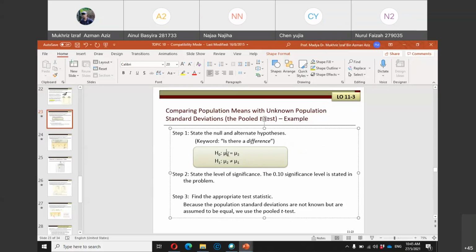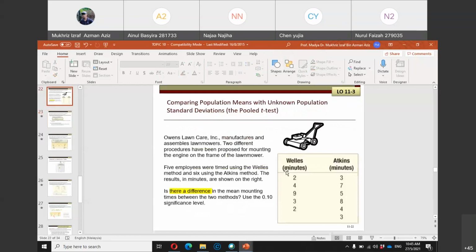If that is the way, it is also correct. If you put mu2 not equal to mu1, let's say 1 is Wellis and 2 is Atkins, then if student number 1 puts mu1 not equal to mu2, that will be Wellis minus Atkins.